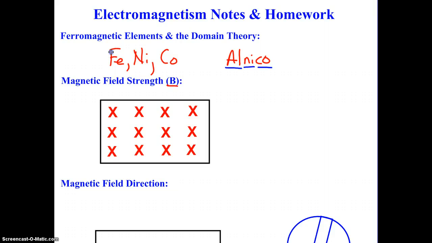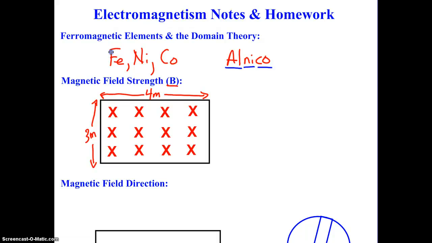If we had a rectangle which was 4 meters in length but 3 meters in width, and we have 12 lines of magnetic flux passing into the board. That's what the symbol X means. X is into the page or into the board in the Z direction.